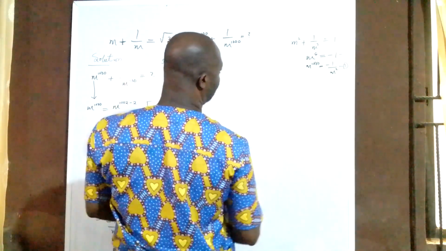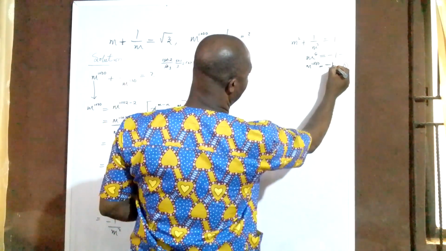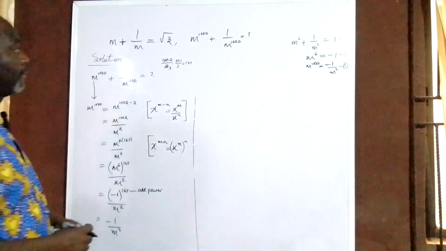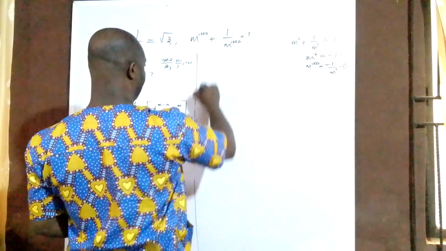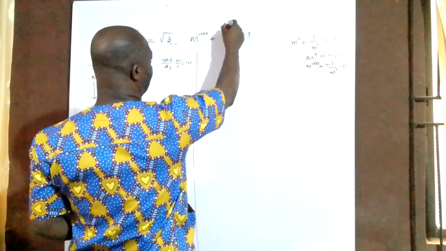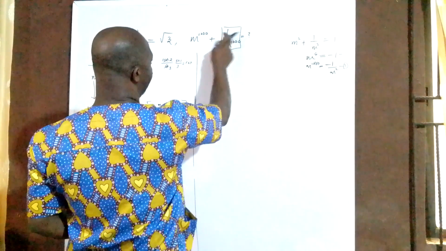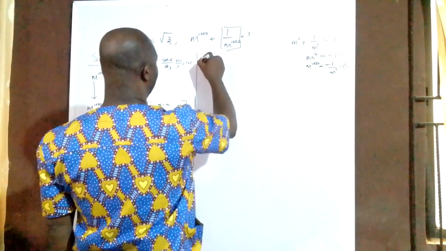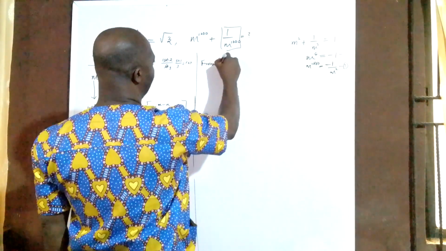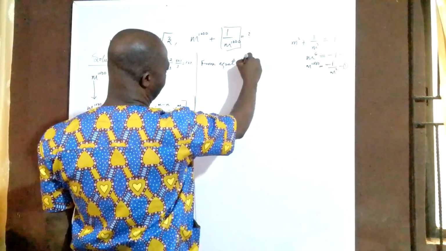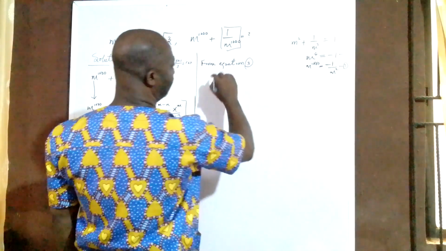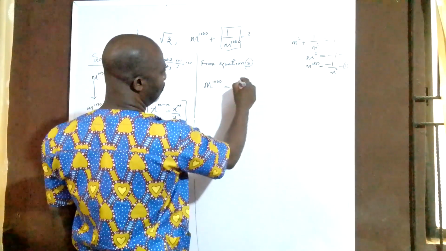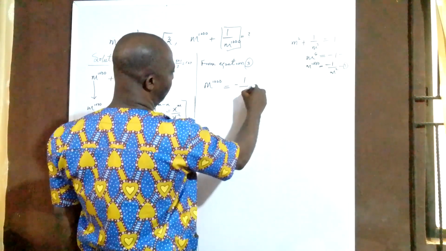Now don't forget that if we go back to the problem, you will notice that this part is a reciprocal of this. So from equation 3, m to the power of 1000 is equal to minus 1 over m squared.